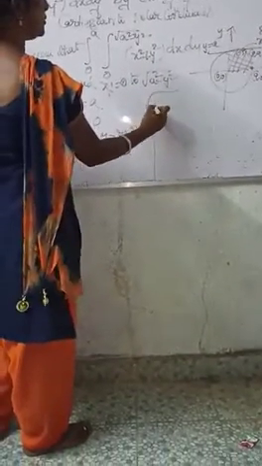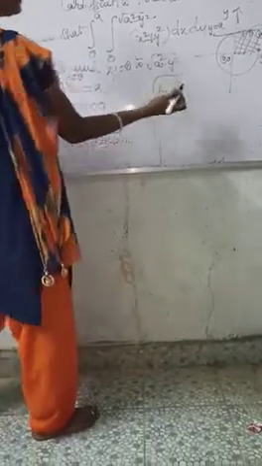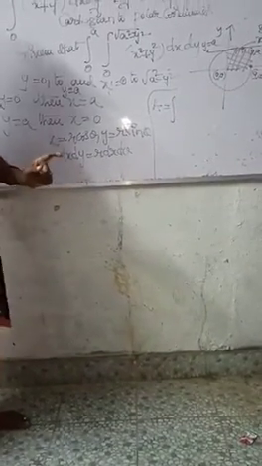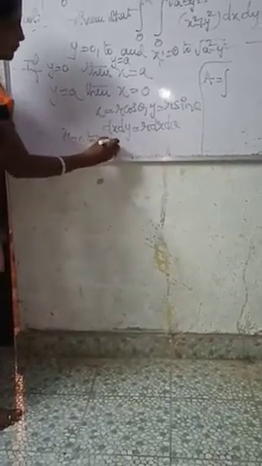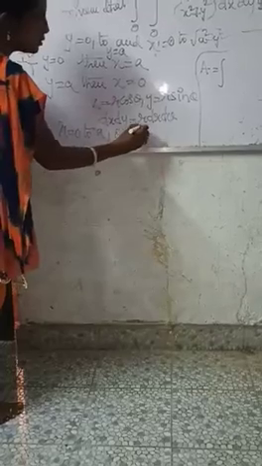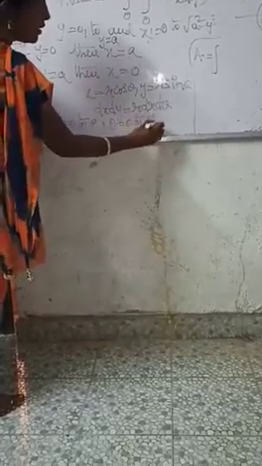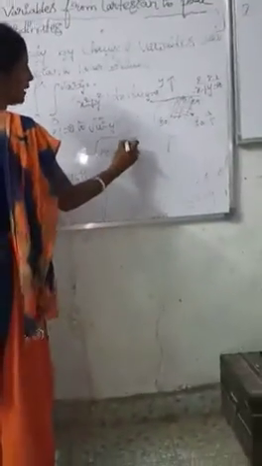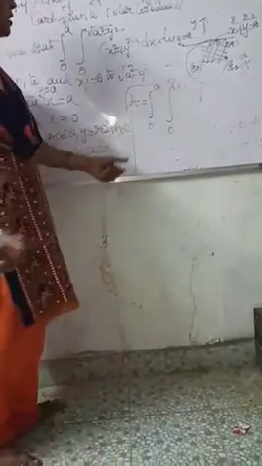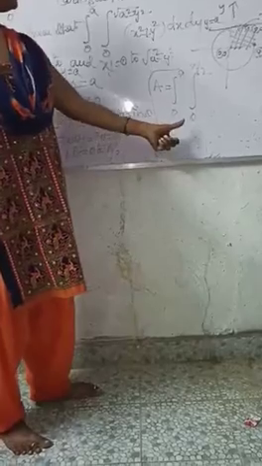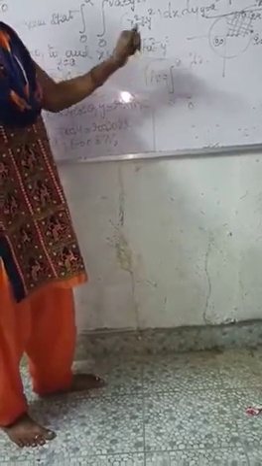A equals the integral, and the limits also convert to r and theta. Therefore the limits are r equals 0 to a and theta equals 0 to pi by 2.